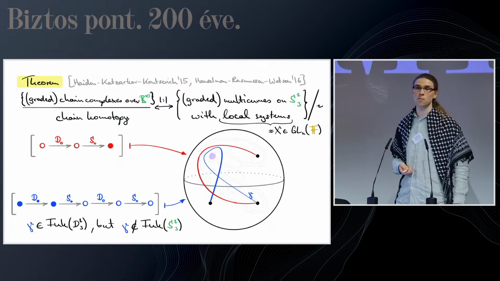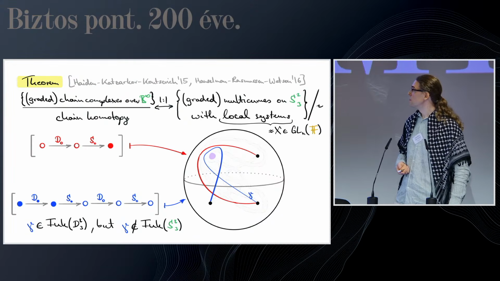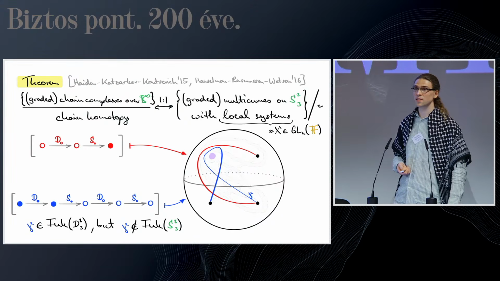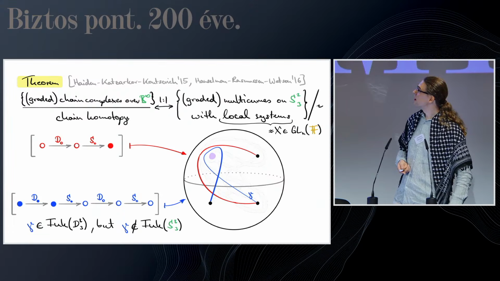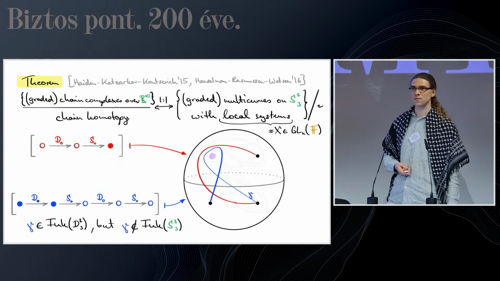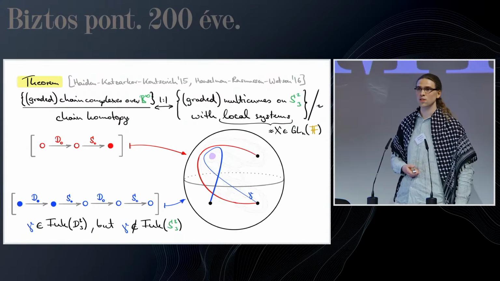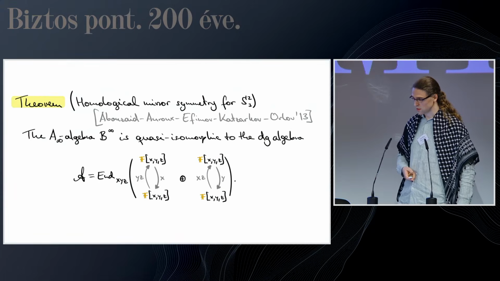Okay, so where do you get such an A-infinity structure on the cobordism category? Well, we don't have a good answer to that. I think that's an interesting question. How do you define A-infinity structure naturally on the cobordism category? But here's another way to do this.